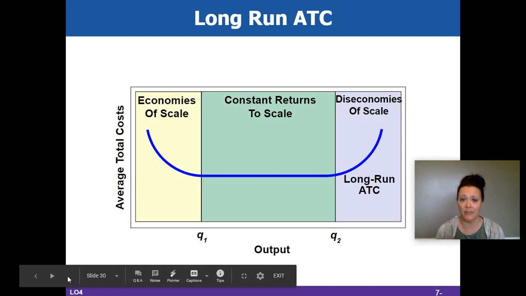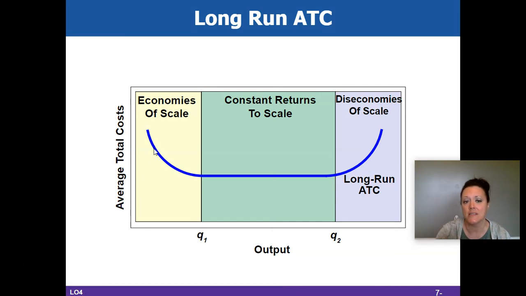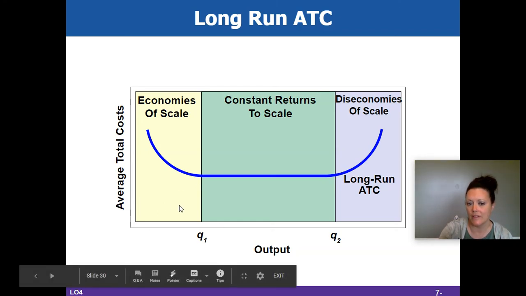So if we spell that out, this is what it looks like. When we're achieving economies of scale, we're getting bigger and bigger. Okay, so our output is down here on the x-axis. Our average total costs are shown on the y-axis. During economies of scale, as we expand our plant size, expand our operation, we achieve greater and greater size, greater and greater output as we move along this x-axis, but lower and lower costs.